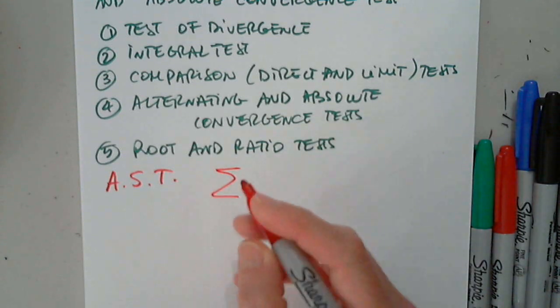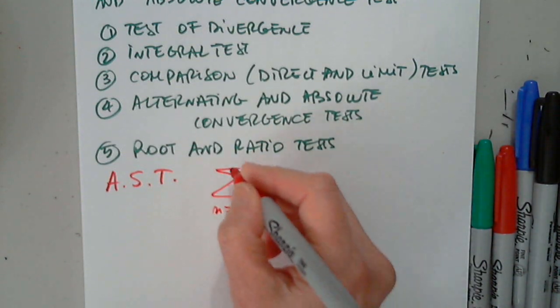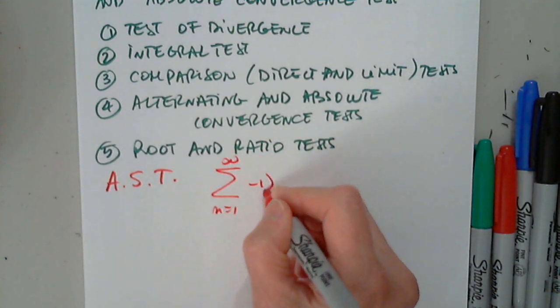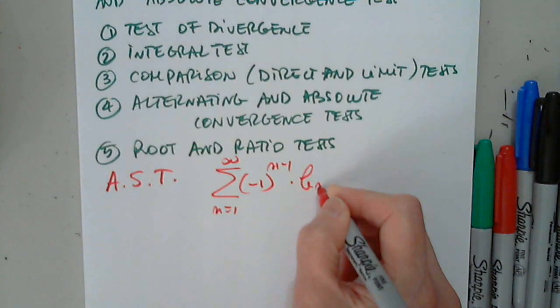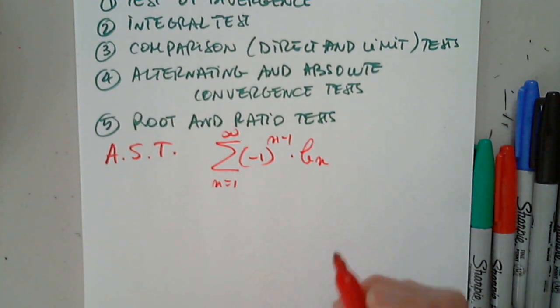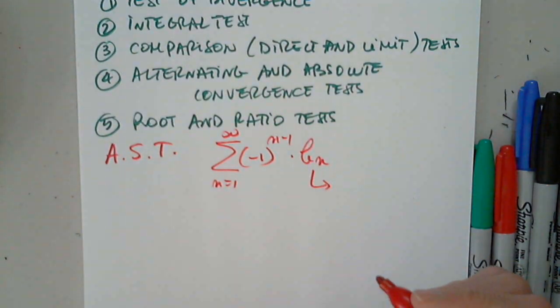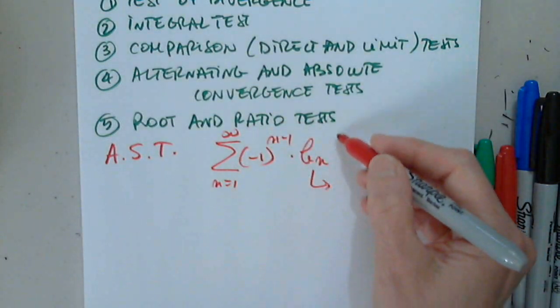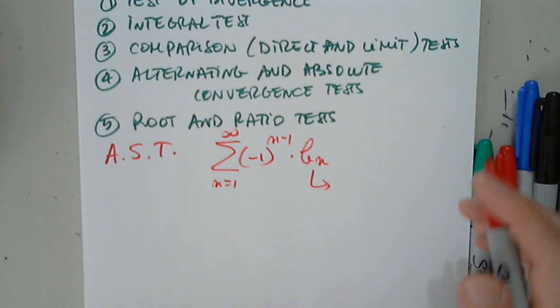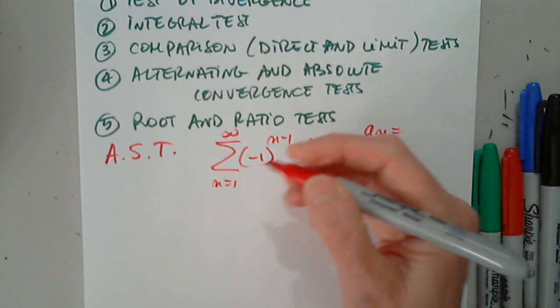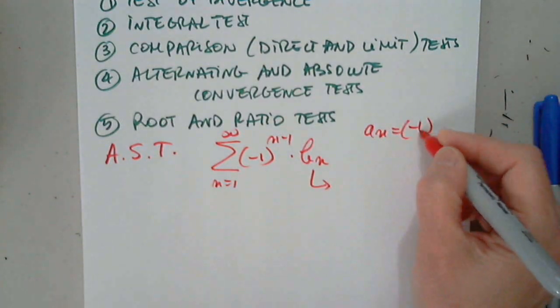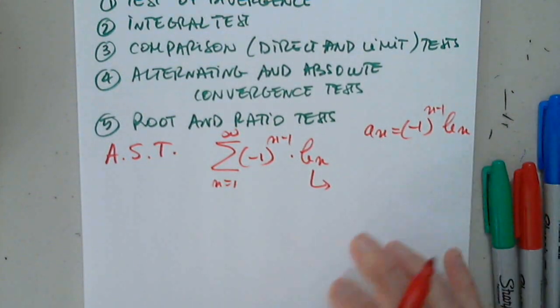So in general, we have this kind of series, (-1)^(n-1) times b_n. All this term, let me write it on the side, is a sub n, (-1)^(n-1) times b_n.